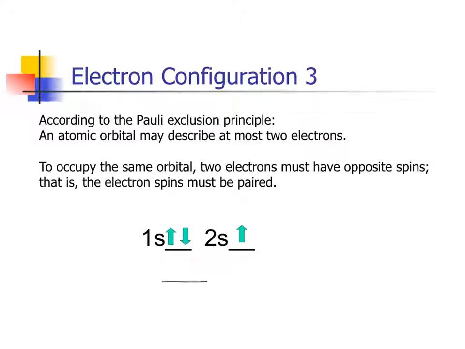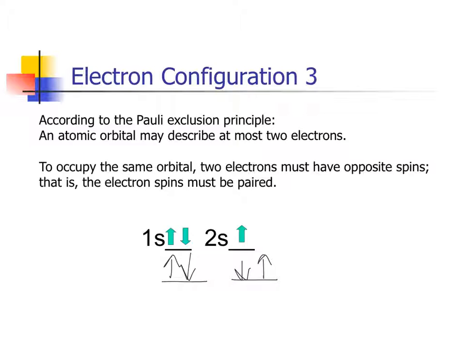It does need to follow the up-down pattern, but I'm not going to worry if you go down and then up, because what I want to see from you is that they're an opposite spin. Whether one is up, one is down, doesn't matter.